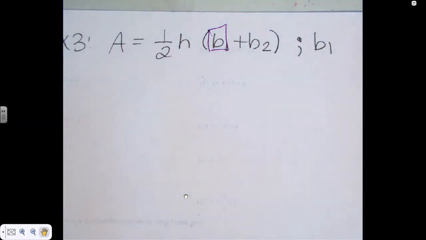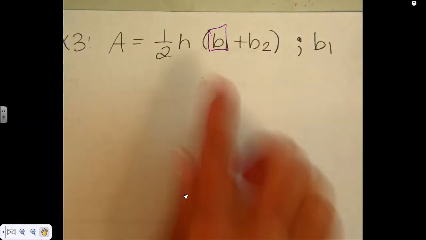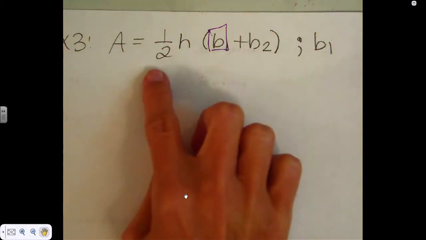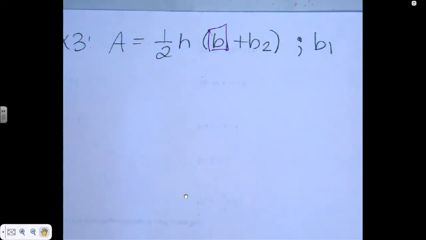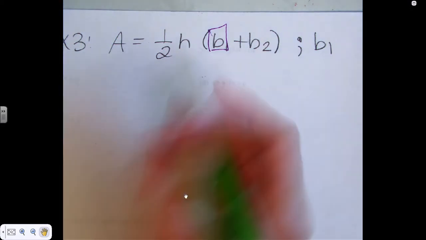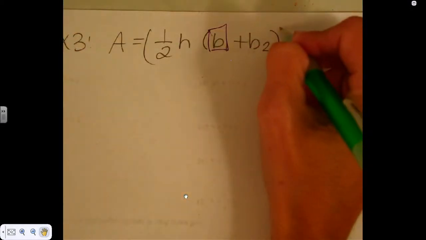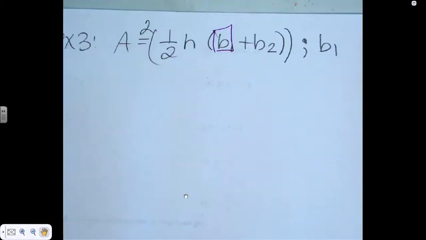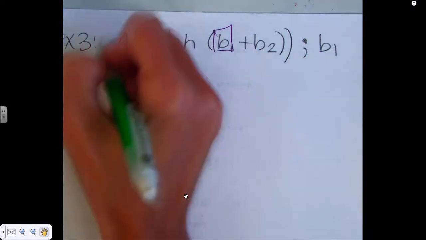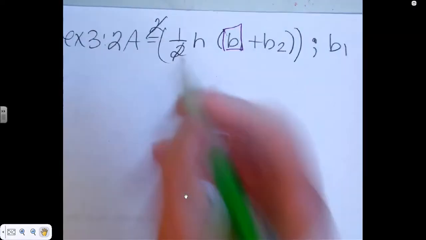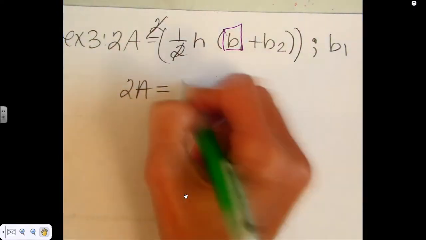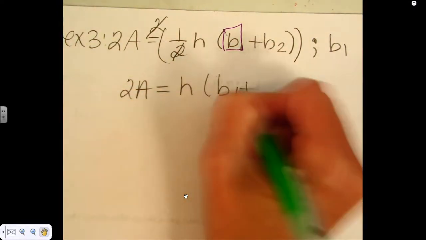Okay, I'm multiplying by 1/2 h, so I need to get rid of that first. So let's multiply, clear out that denominator, multiply by 2. My 2's go away, and I multiply the other side. So 2a equals h times b1 plus b2.